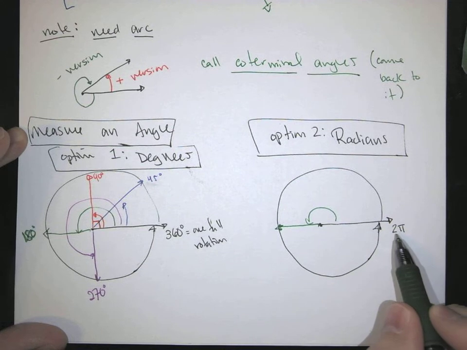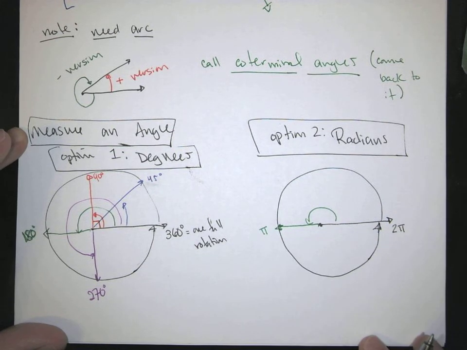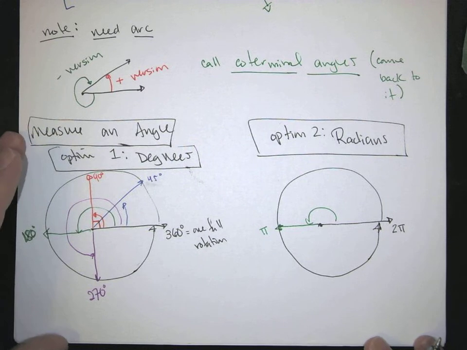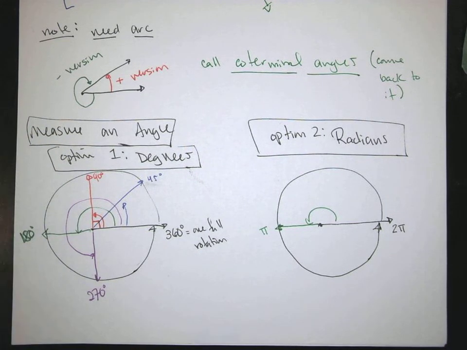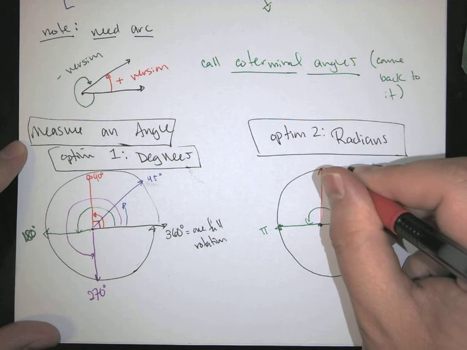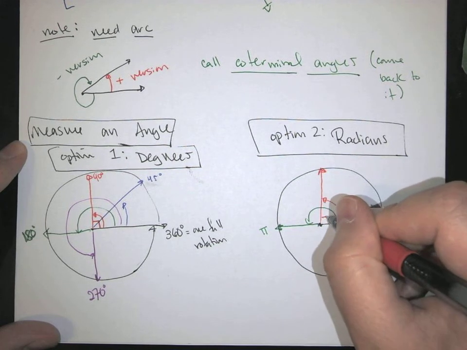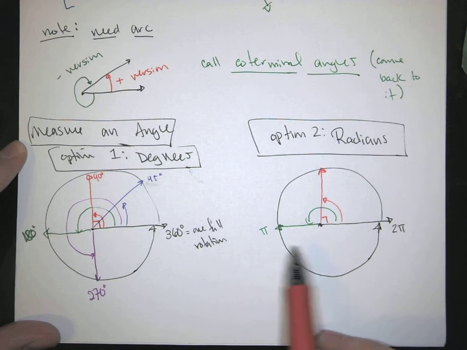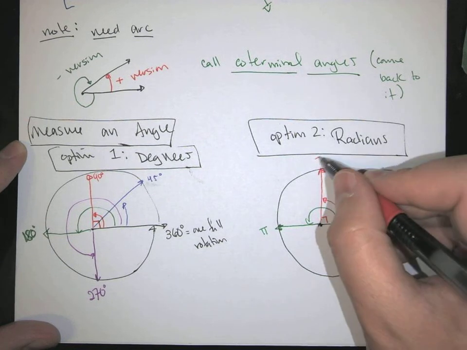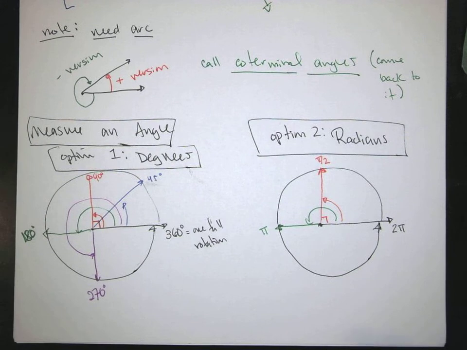If this is 2 times pi, then half of that would be 1 pi. We'll just call that pi. If we cut that in half again, the version of a 90 degree angle, that's 2 pi, this is 1 pi, this would be a half pi, so we'll call that pi over 2.